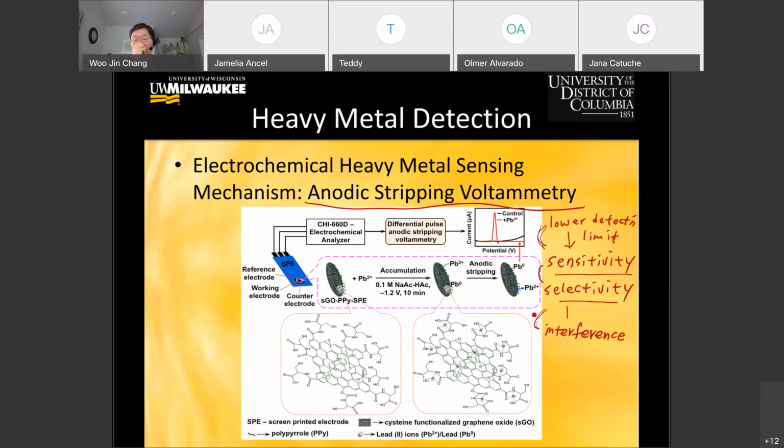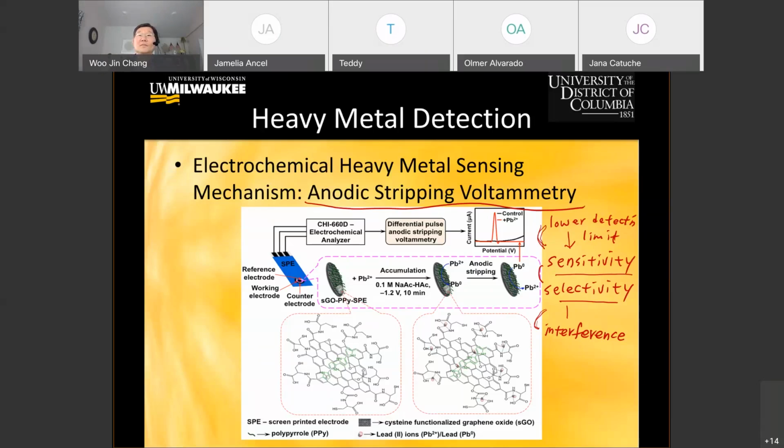So that is the reason that the cost of detection is rising. For heavy metals, it is the same. I want to detect lower concentrations, but I want to avoid the interference from other molecules. So there are several approaches to achieve that goal.